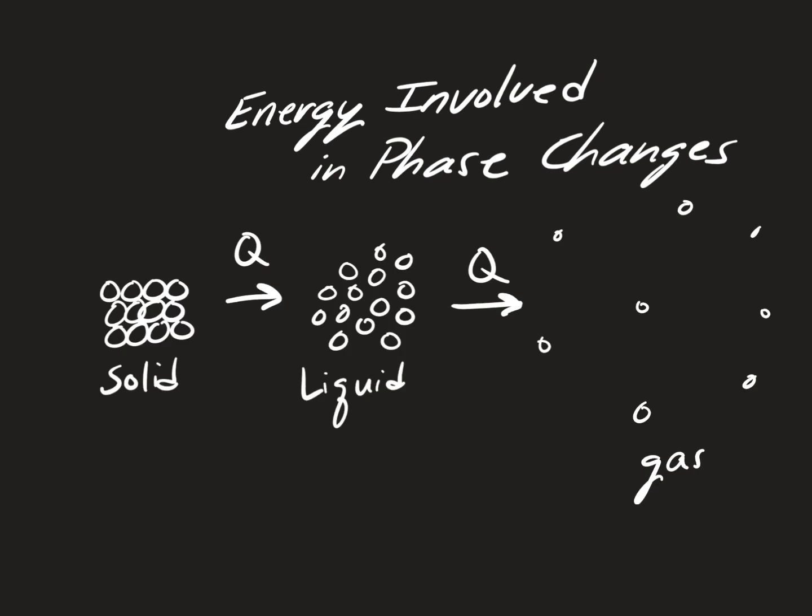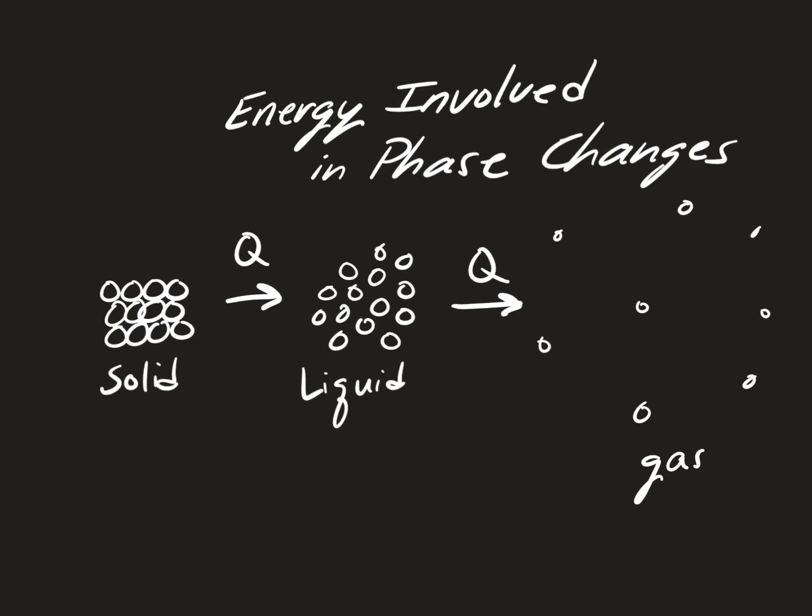Okay, I just drew a little diagram showing the solid water turning into liquid water and liquid water turning into gas water. In other words, steam. We call solid water ice. We call liquid water usually water. And then we call gas water steam. Okay? So we saw this entire process in that demonstration.